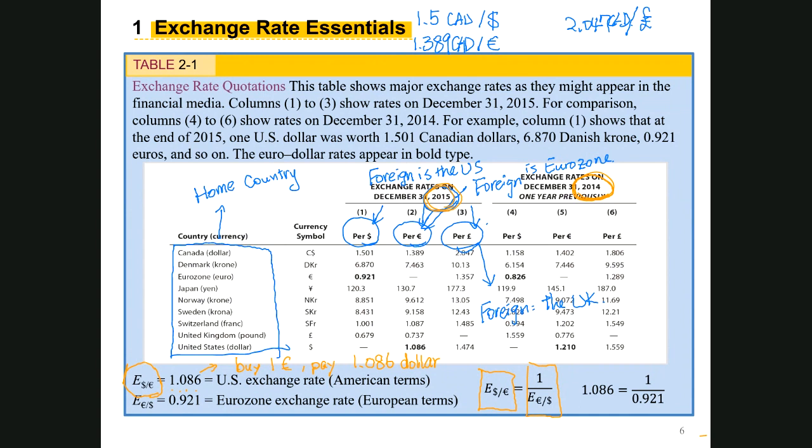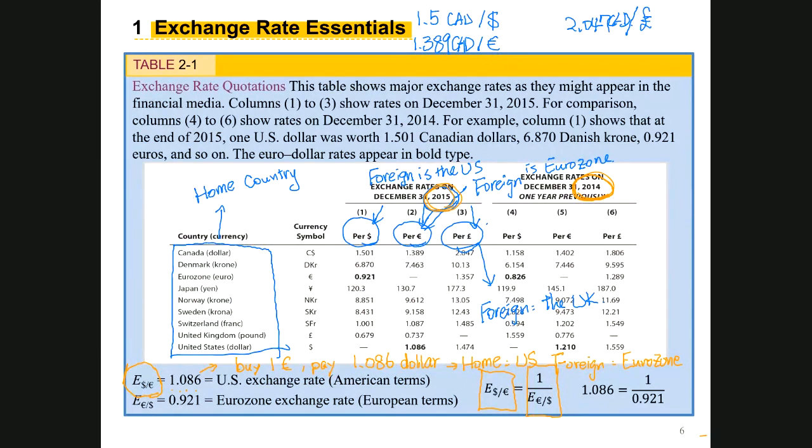So the home country right now, you're looking at the US, and the foreign country you're looking at right now is the Eurozone. So how much of your domestic money do you have to pay in exchange for 1 unit of the foreign currency?